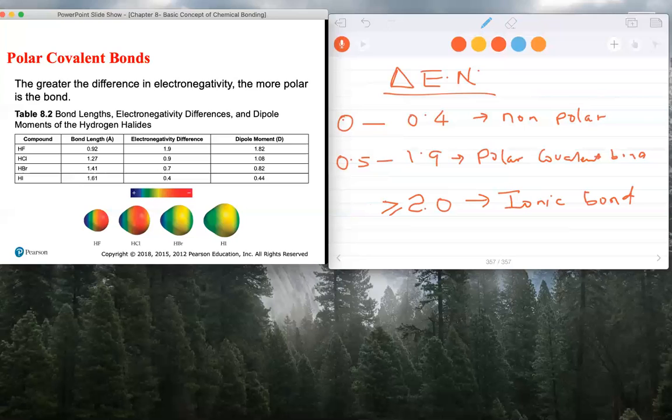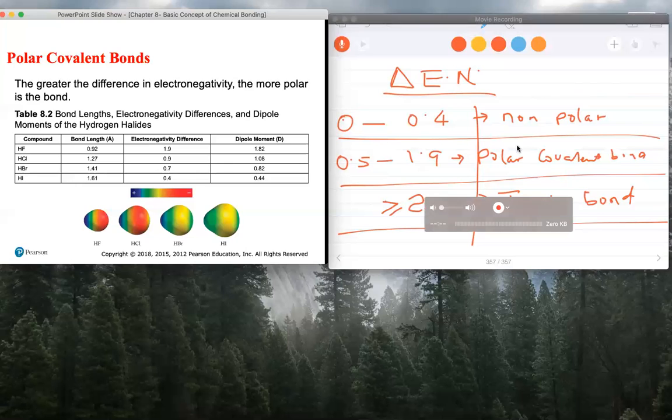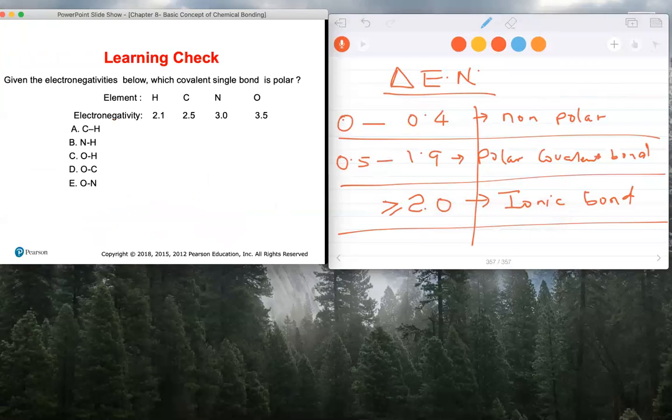We use these tools to classify. The benchmark you see here tells you whether the bond is ionic, polar covalent, or non-polar: 0.0 to 0.4 non-polar, 0.5 to 1.9 polar covalent, and 2.0 or more ionic. It's going to give you the electronegativity values.